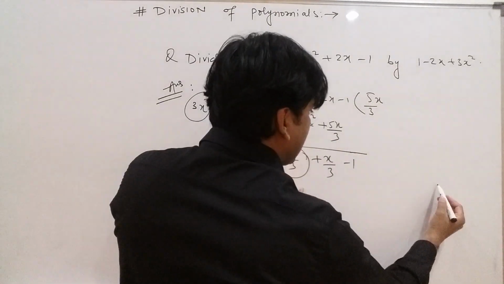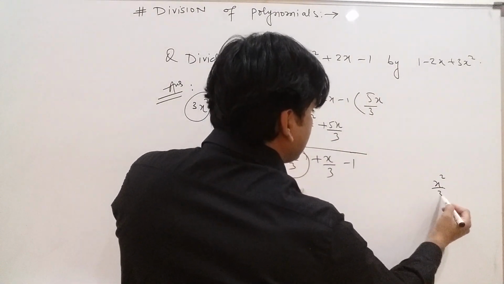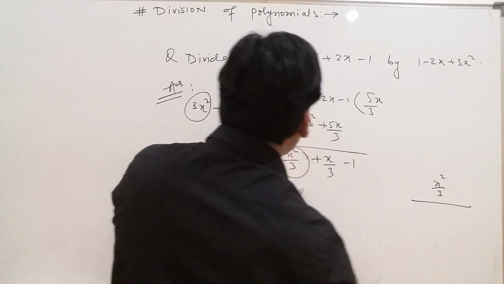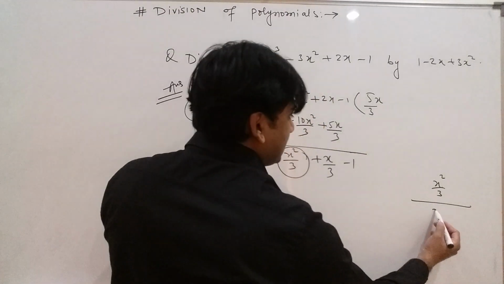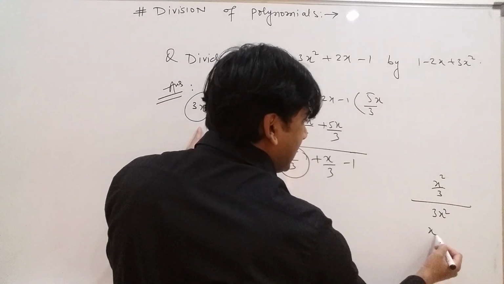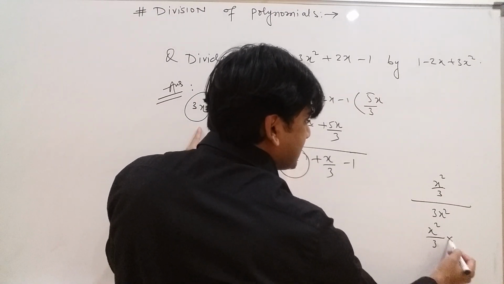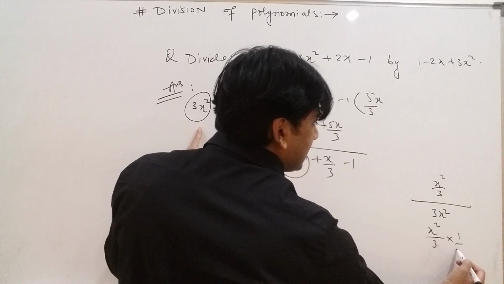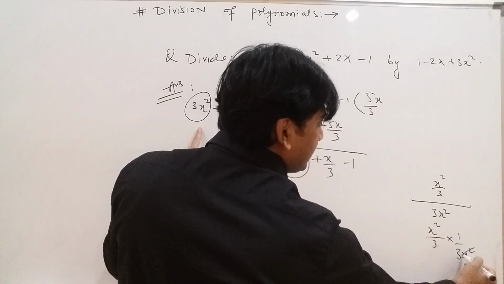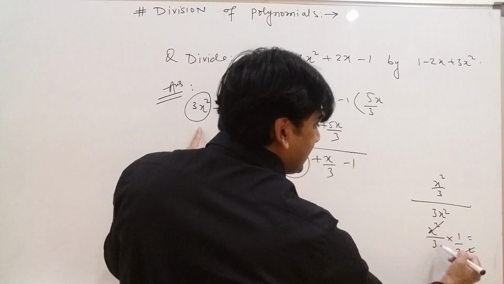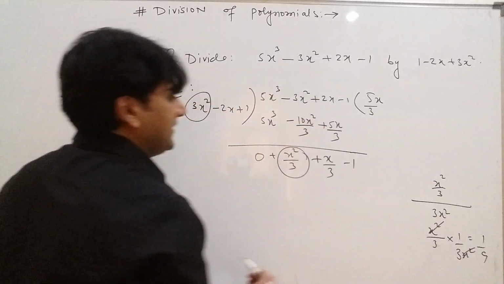Do some calculation. x squared over 3 over 3x squared. So you will write x squared over 3 times 1 over 3x squared, x squared cancel. 3 times 3 is 9. So you got 1 over 9.